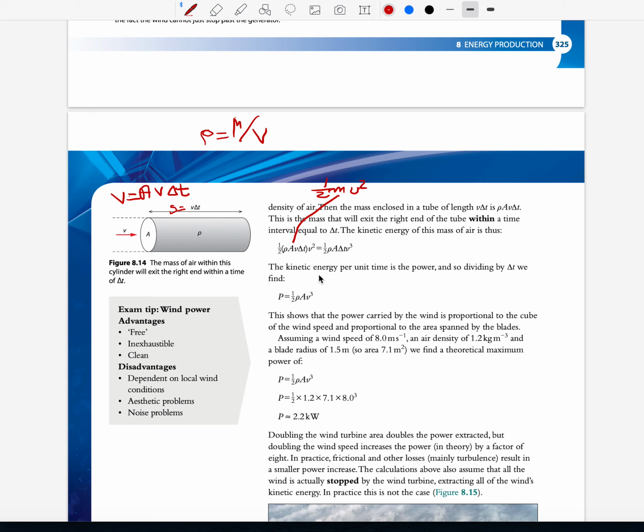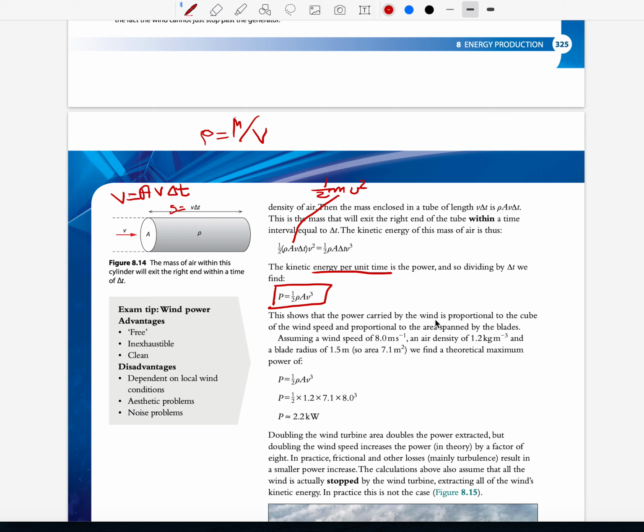And the power is energy per unit time. So if I divide by this delta t, I will get the expression of the power for a wind generator. This is in the data booklet. This is the only formula in the data booklet for this section, for 8.1.